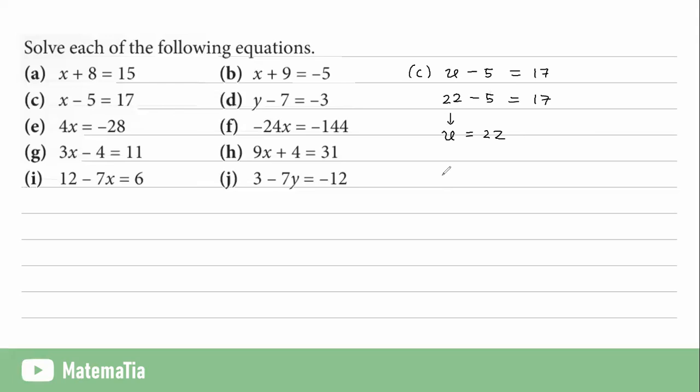Or we may use this way, x minus 5 is equal to 17. Because our goal is to find the value of x, that's why we have to get rid of negative 5 here by adding both sides by positive 5.